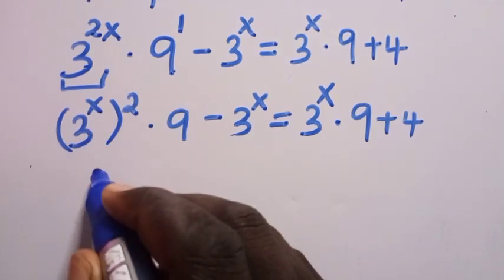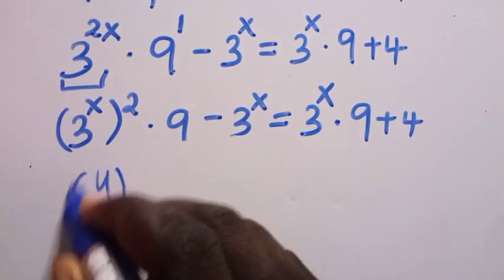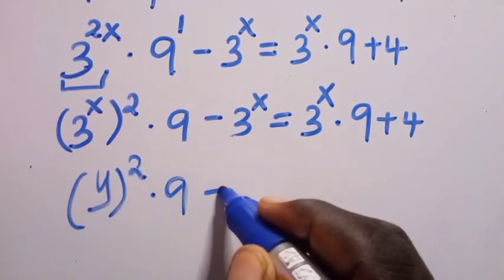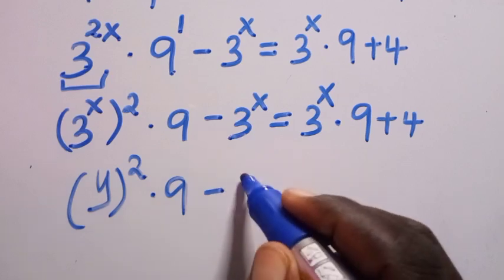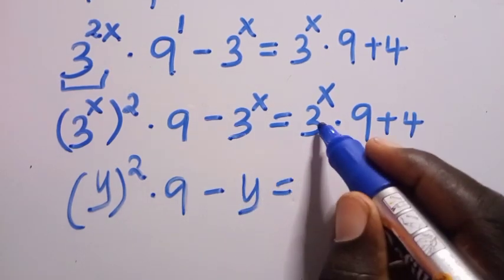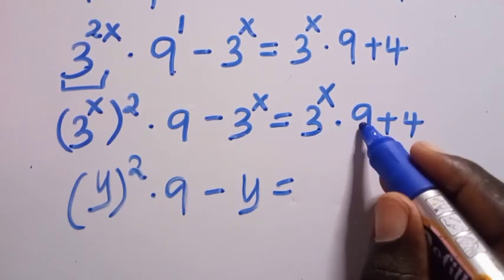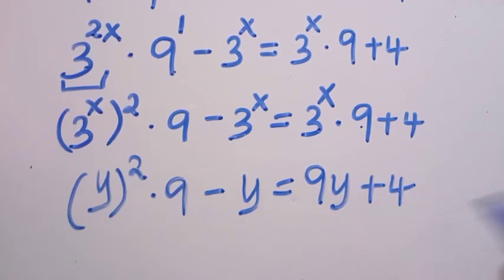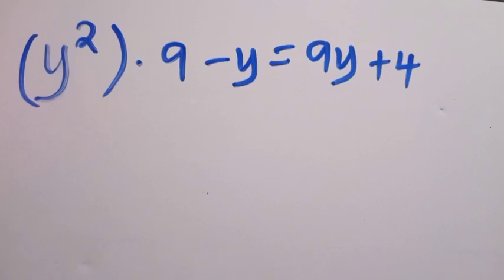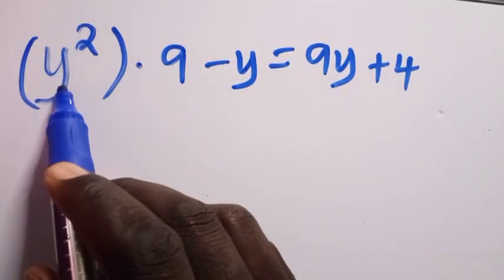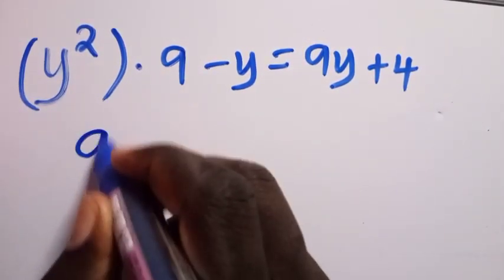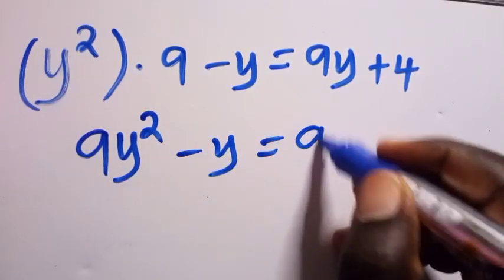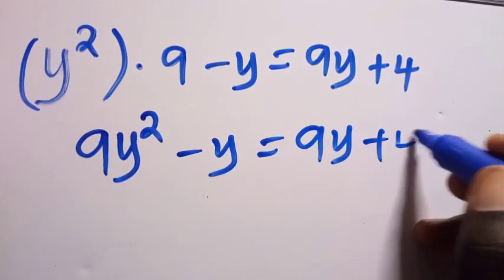And therefore, at that point, we shall have y, close the bracket, raised to 2, then times 9, minus y equals, instead of this, y times 9, it is 9y, then plus 4. Now, from this point, we shall have y squared times 9, which is 9y squared, then minus y equals 9y plus 4.